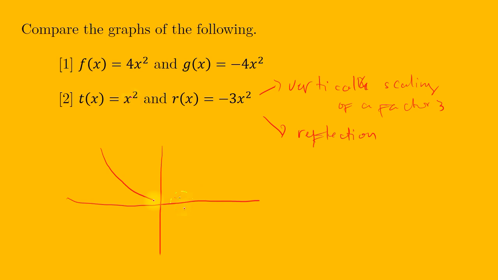Let's assume that there's no negative yet, so the line becomes like this. So this is vertically scaling by a factor of 3 first. No reflection happening yet. The graph continues there. So this is from x squared to 3x squared.